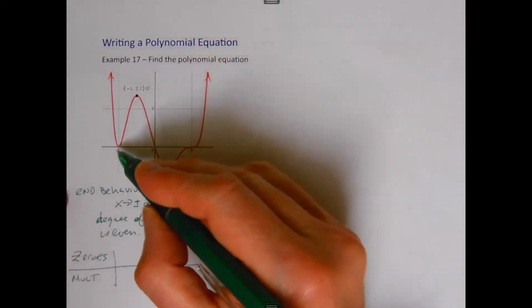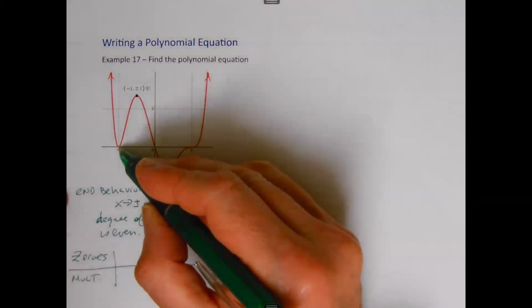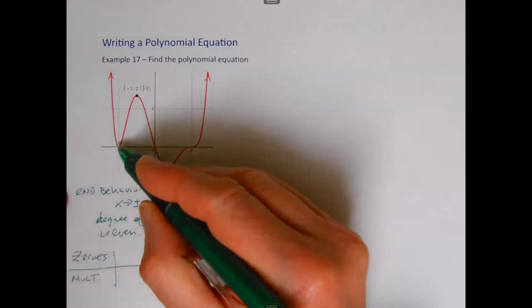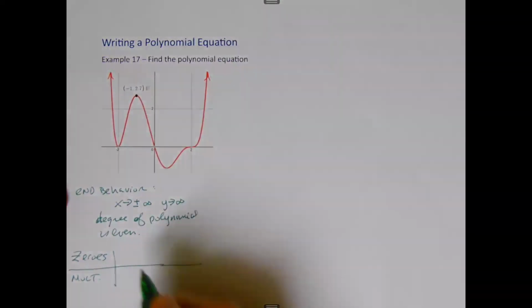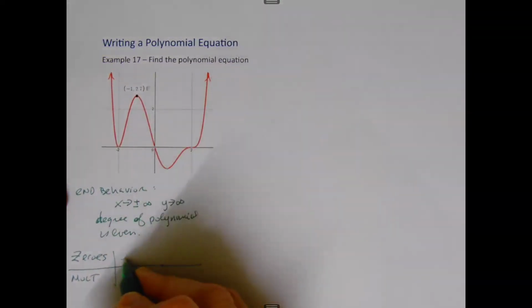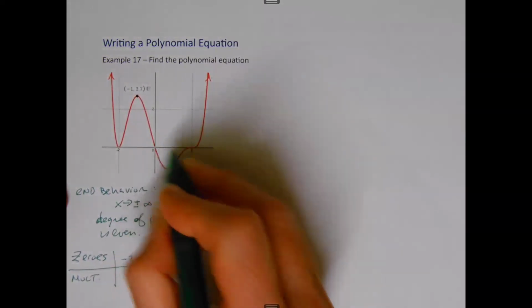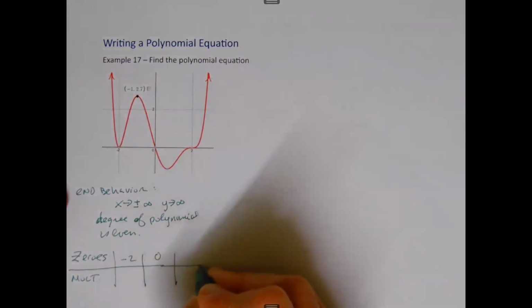Remember, these are powers, so the multiplicities are really the powers. If you increase the power, this is going to get tighter because we're increasing faster. So I see I have a zero of -2. I have a zero that is actually a 0, and a 2.